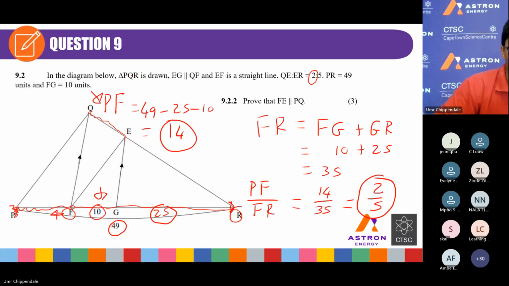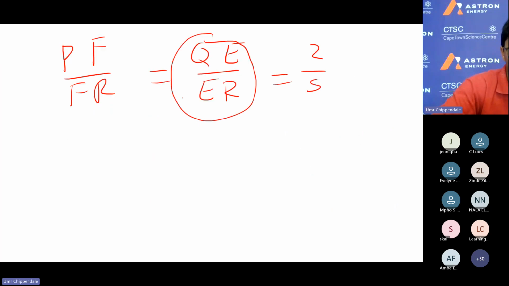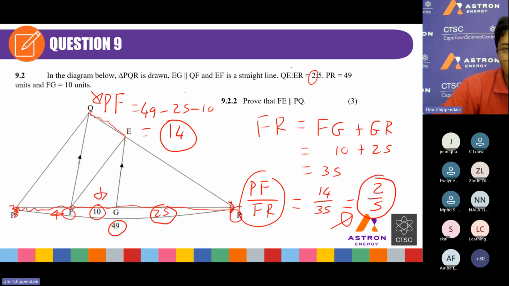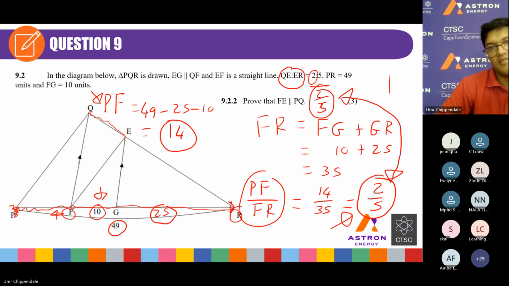So this value here, PF over FR, was equal to 2/5. But this section here, QE over ER, is also 2/5. Remember, it's a ratio, so 2 over 5. So both of them are the same. Therefore, we say they are parallel to each other.